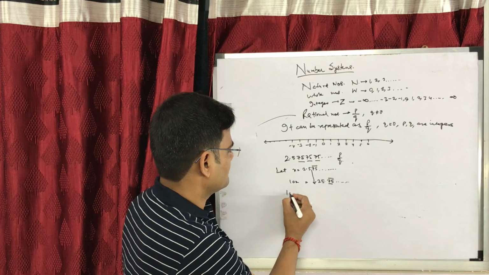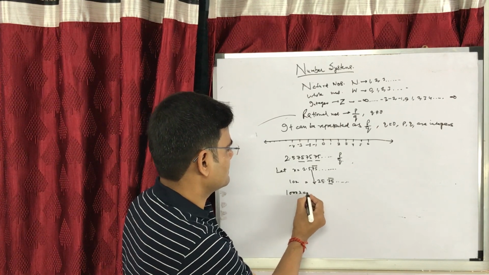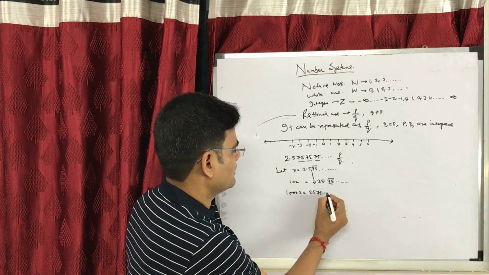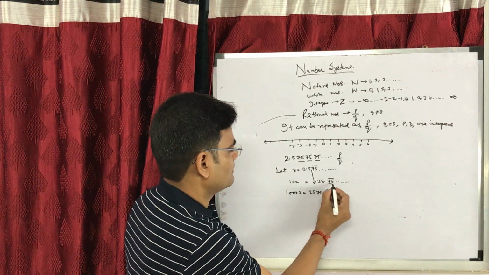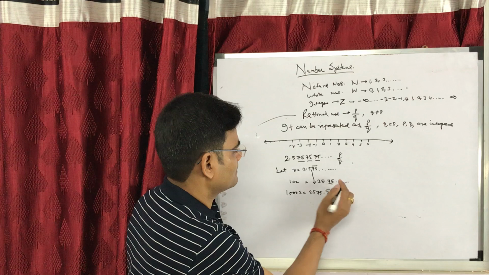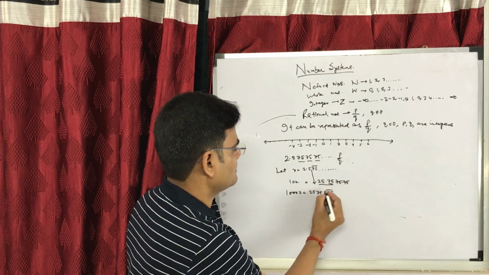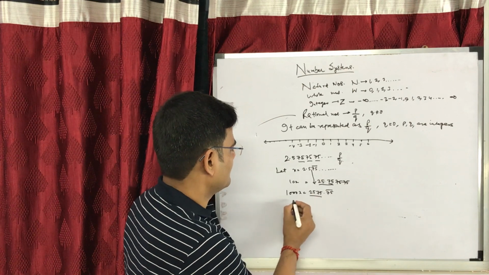So that means 1000x is 2575.75 bar. You understand, right? You can write 7575. Now subtract both.